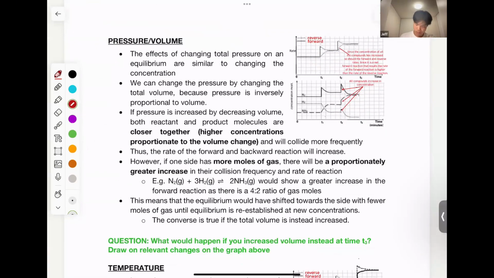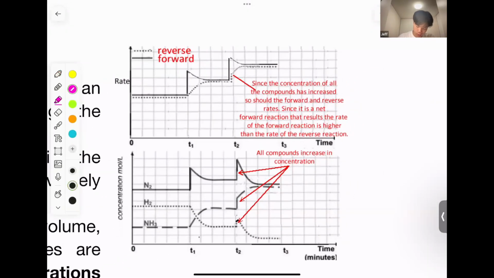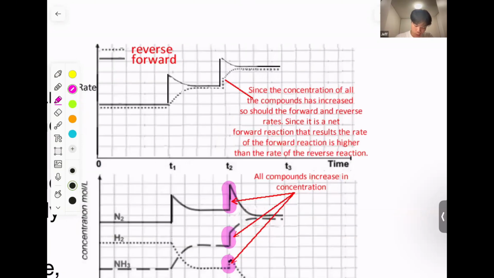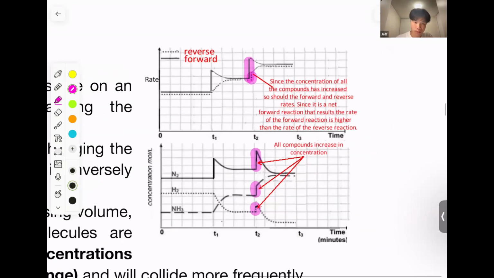Pressure, volume. You see that if you were to decrease volume, all of the concentrations go up in the same proportion. You see that both forward and reverse rate actually do increase. So there's an increase in the reverse rate and an increase in the forward rate. But the forward rate increases proportionally more.